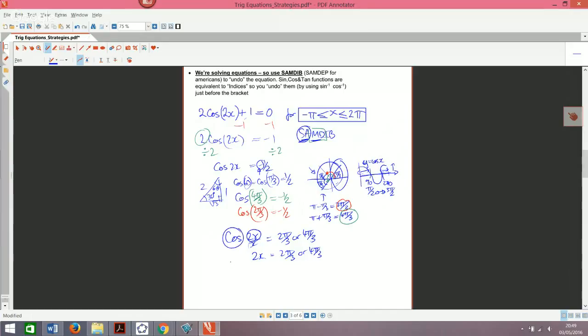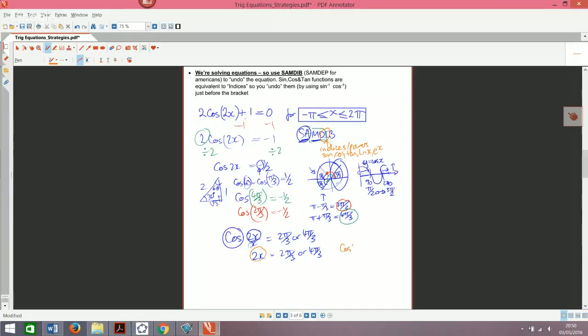Now that we've got rid of the cos, which is equal in the SAM-DIB solving equations to indices, so indices, which is powers, and sine, cos, trig, log also comes in at this level, cos, tan, ln of x, e of x, that's all at that level too. I've now undone that, and so now I can deal with the bracket, but it's not cos x, it's cos 2x. And so actually the period will be half the period of the normal cos x curve.